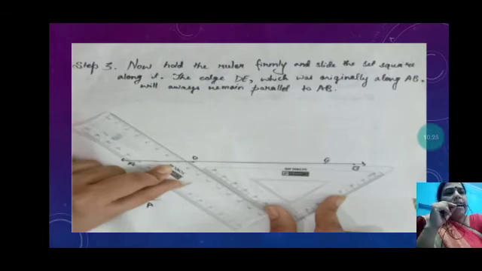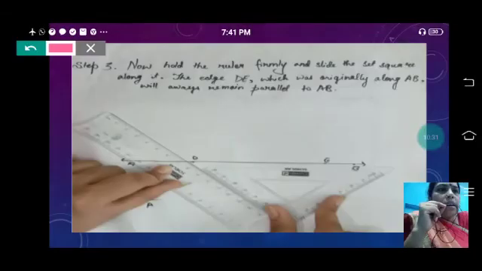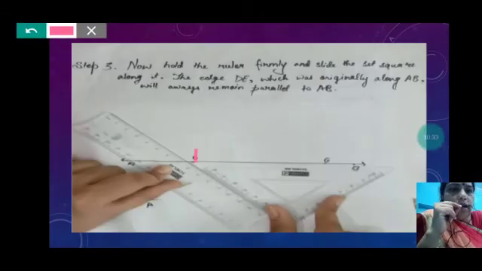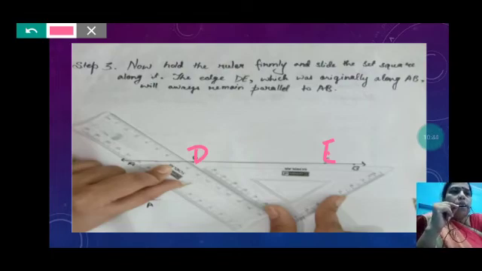The edge DE, which was originally along AB, will always remain parallel to AB. Now let us see what happens in the next figure.